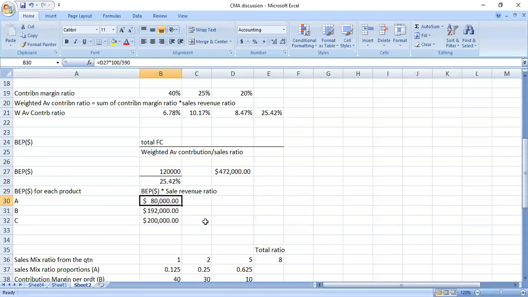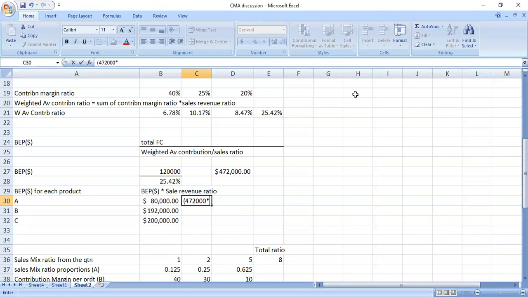Now that we computed the multi-product break-even point, which was the 472,000. Are you seeing it?